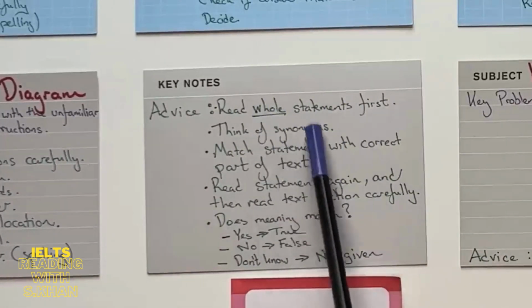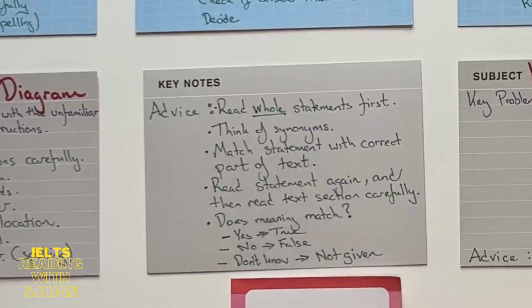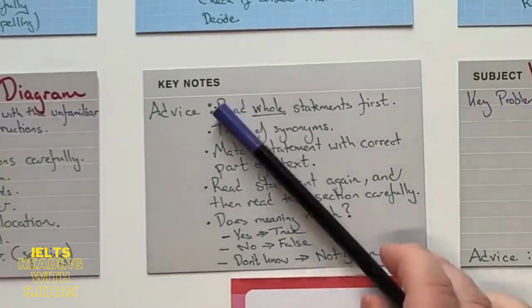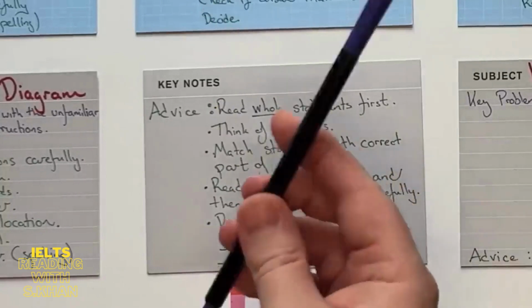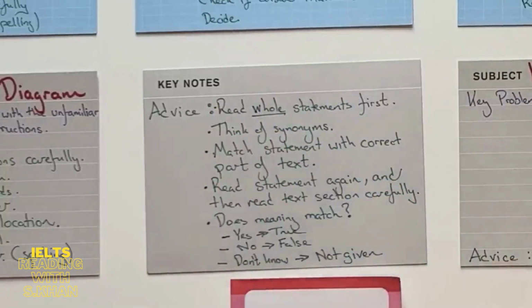Then looking at the statements, once you've understood them, think of synonyms. What might be said in the text in a different way? For example, if the question statement was talking about a pen, it might mention a writing instrument in the text.